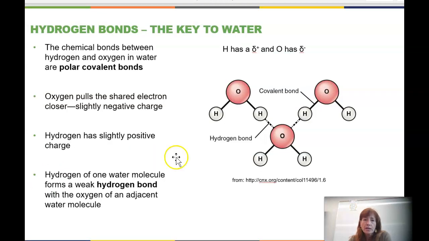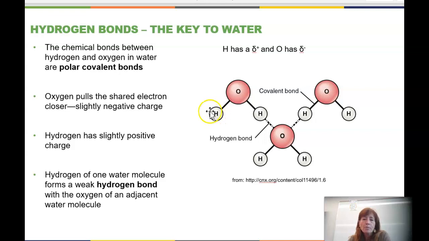We can see its structure. We know that it has an oxygen with two hydrogens attached, and that it has this type of shape. It's sort of bent. The oxygen, which has a strong electronegativity, is going to pull hydrogen's electron closer to it, effectively causing the hydrogen side of this molecule to have more of a positive charge.